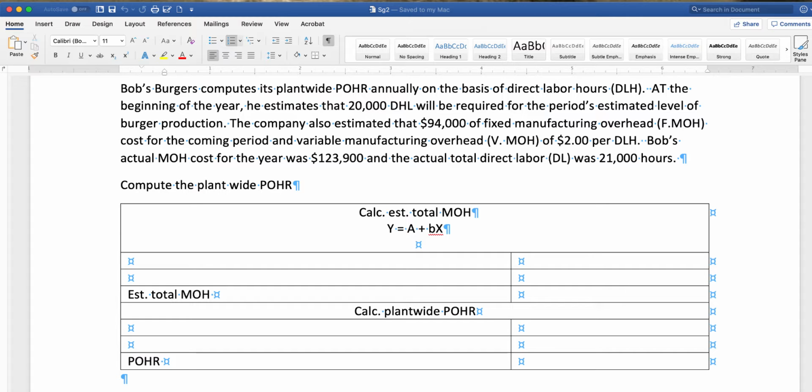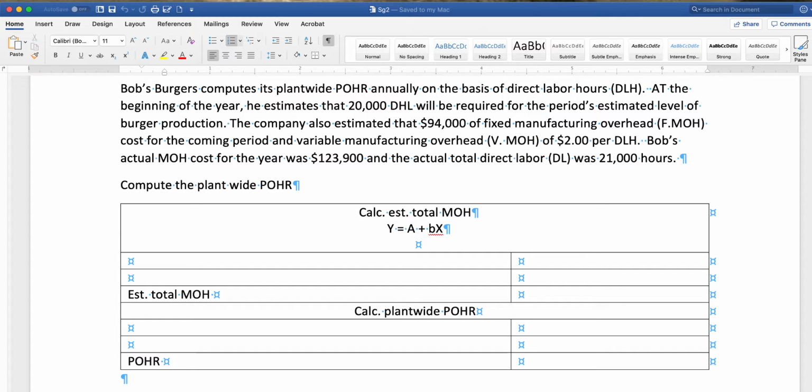Anywho, so Bob's Burgers computes its plant-wide predetermined overhead rate annually on the basis of direct labor hours. Okay, at the beginning of the year, right? Remember, we said that we have to calculate the predetermined overhead rate before the period begins. We do that based on estimates, right?